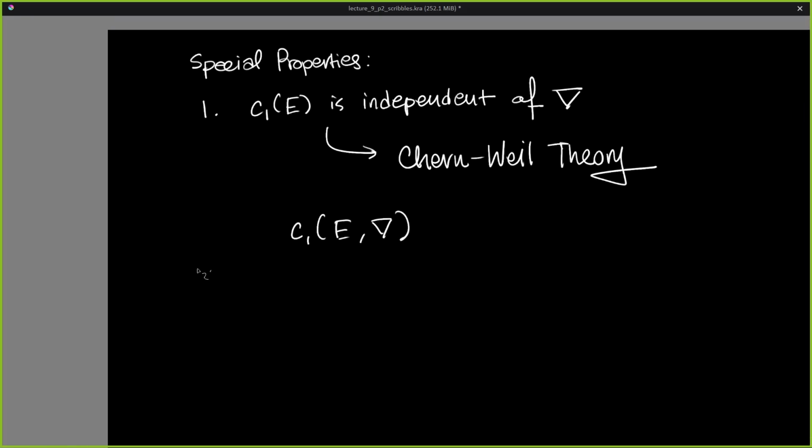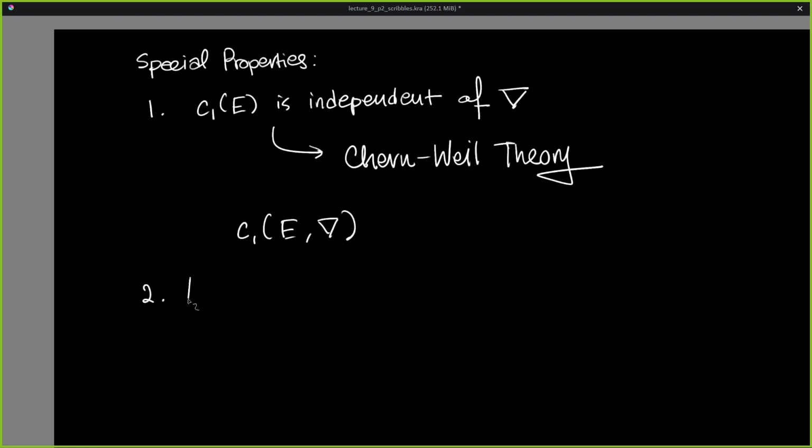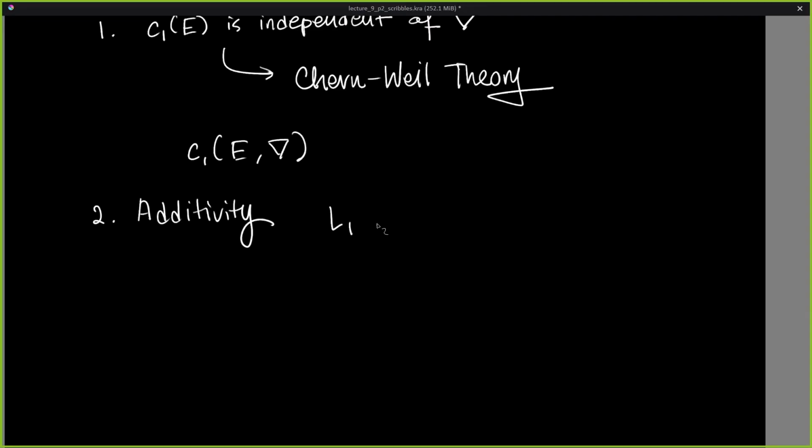So number two is additivity. If L1 and L2 are two line bundles, line bundles are also important because they come up in something called divisor theory.